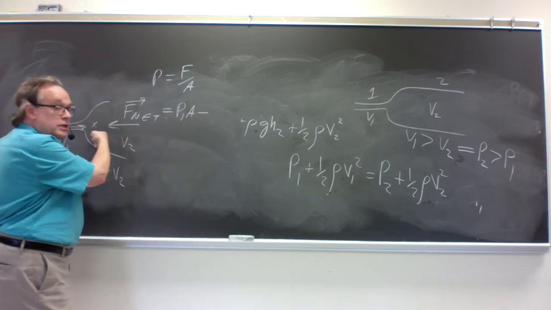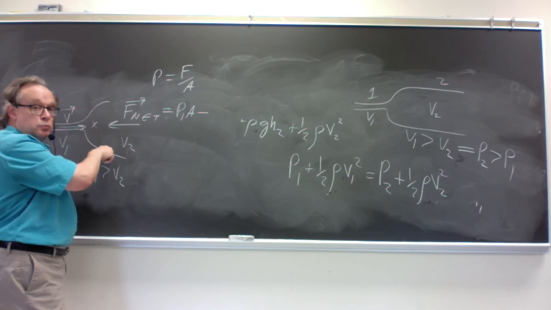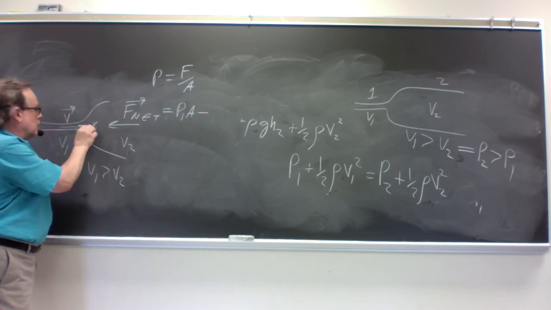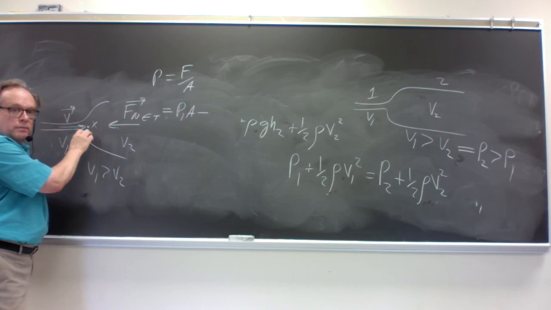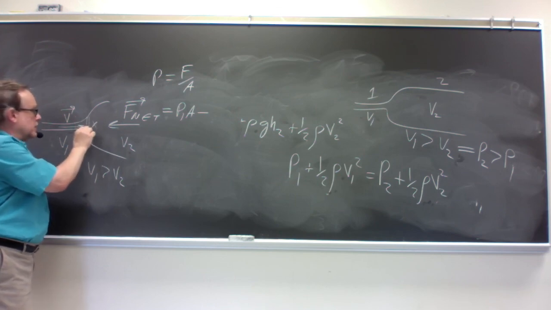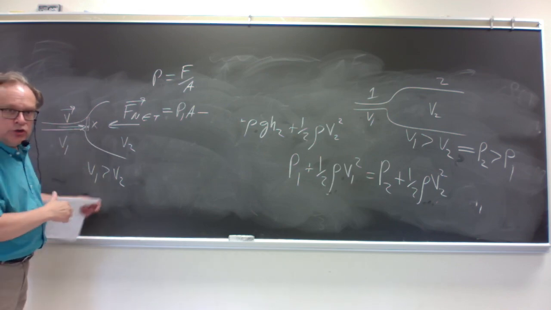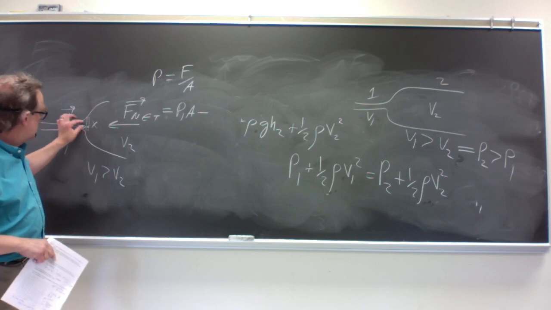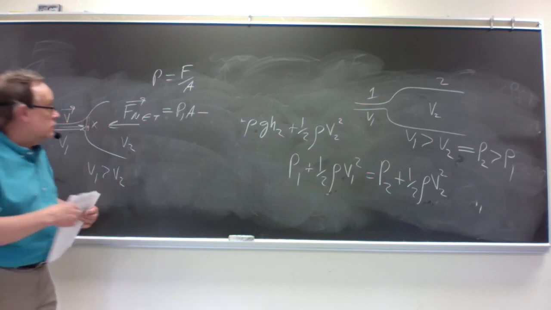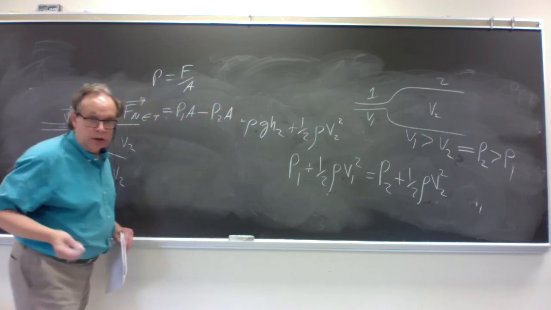And then the force in the opposite direction is just the pressure times the area. And we're just considering water right here in the transition. So we're thinking of a very narrow range, a very thin region, so that the area here is really about the same as the area here. So I use the same value for A.